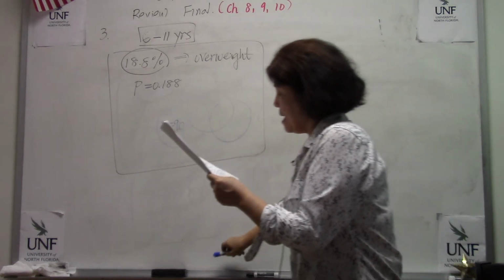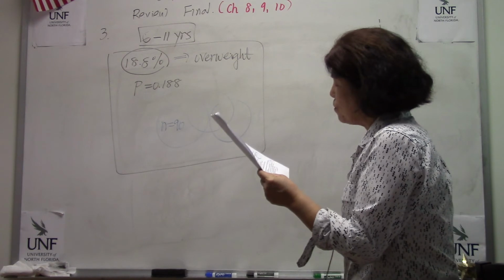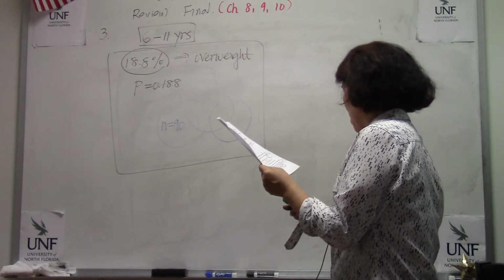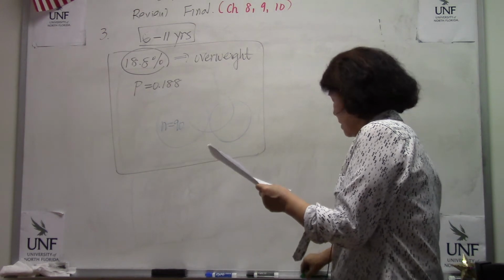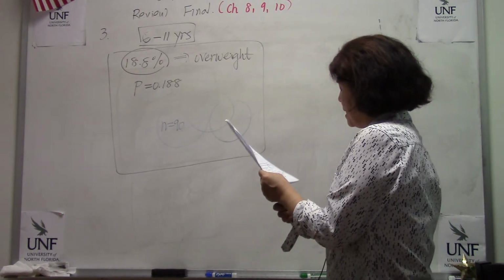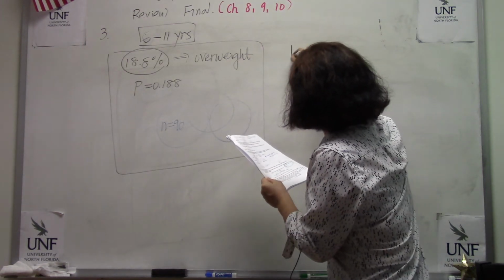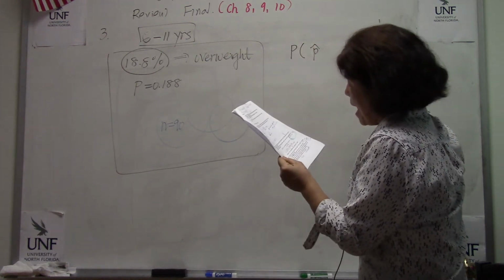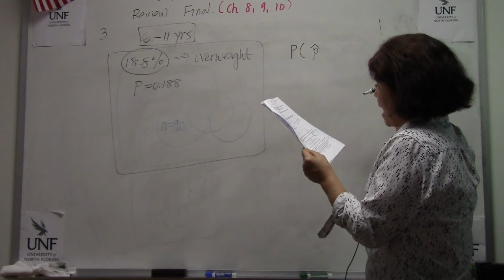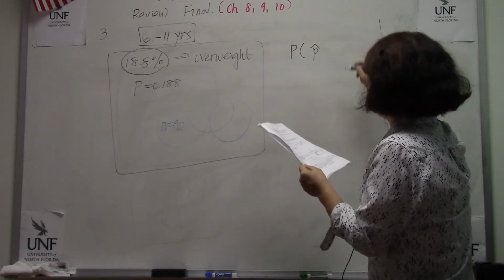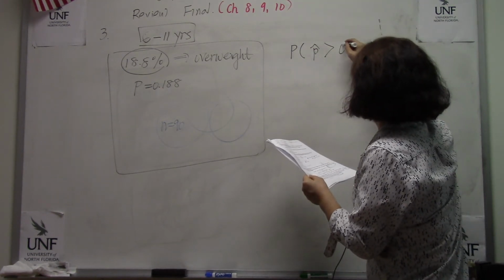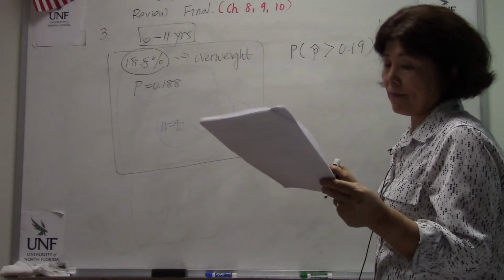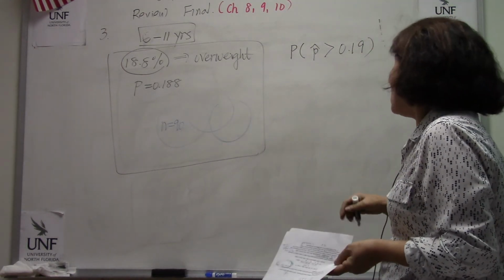So what is the probability that at least 19% of them are overweight? How are we going to say this? What is the probability that p hat is greater than 19%, 0.19? Understandable?